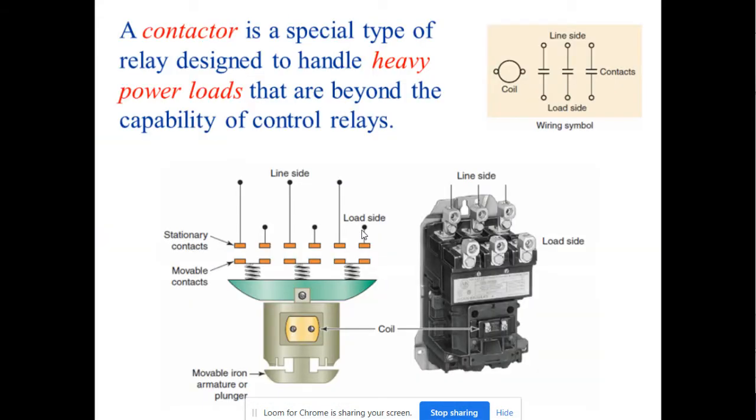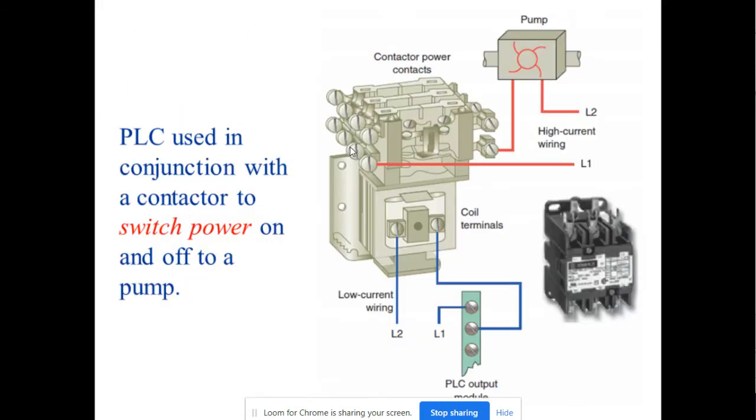Secondly is contactors. This contactor is a special type of relay that we design for heavy power loads that are beyond the capability of a normal control relay. Of course, the PLC is used in conjunction with this contactor to switch the power on and off to a pump.